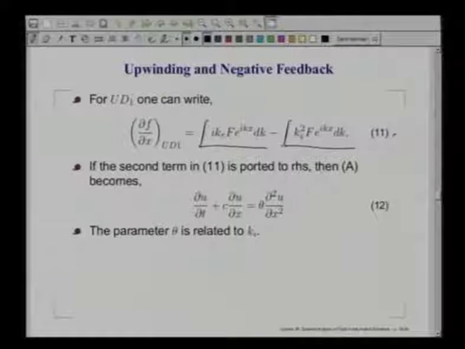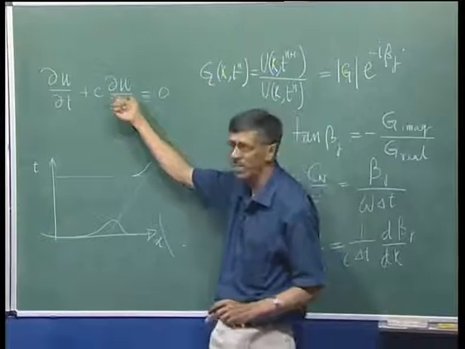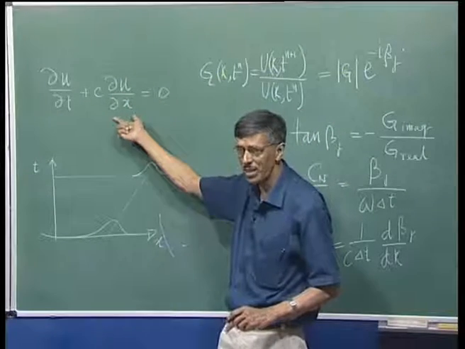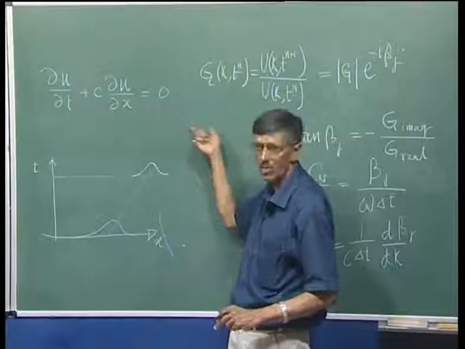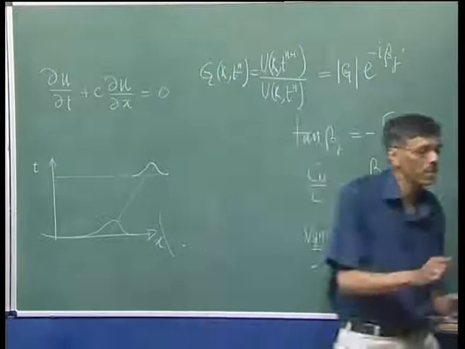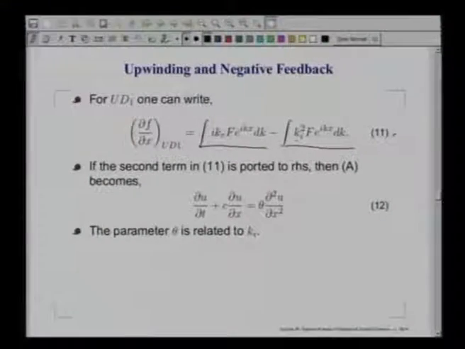Why? Because on the left hand side I have this term. Now, if I have a positive quantity with a negative sign and I put it on this side, I am going to get this term. That is a positive quantity, k i square times f. So, this actually plays this role.